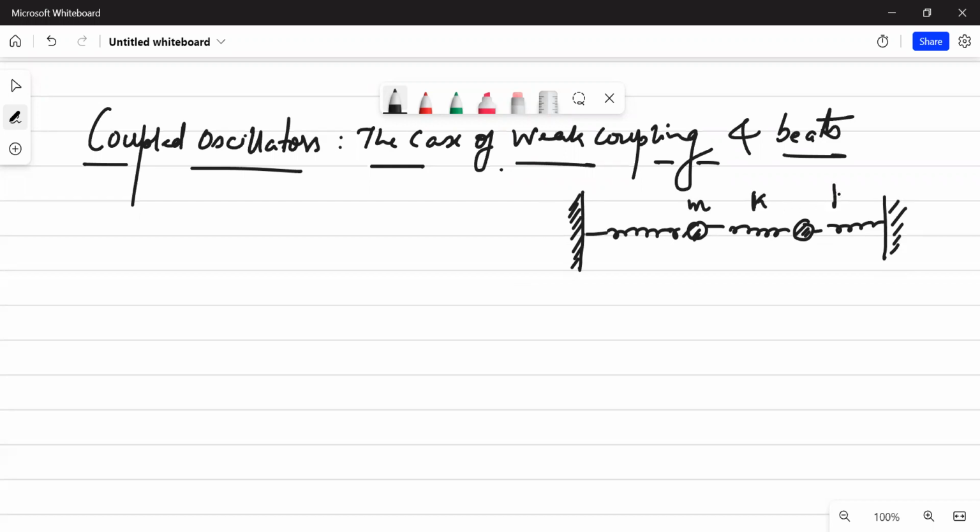Here and here we had the spring constant small k. We wanted to find how the displacement would evolve as a function of time for both of these masses. Eventually, yesterday also we saw that there would be some phenomena like beats.